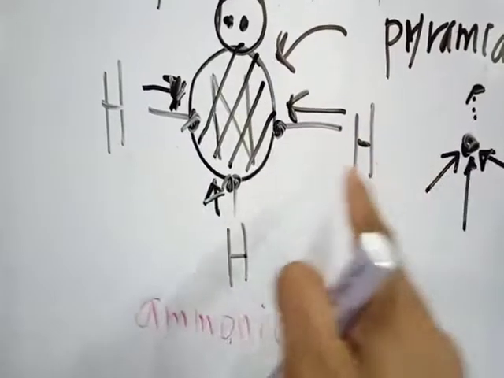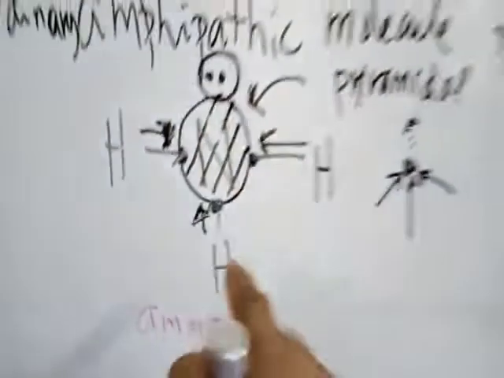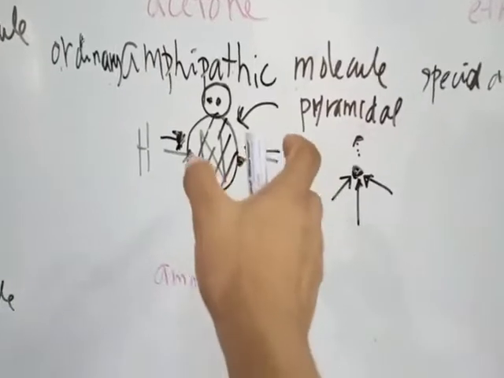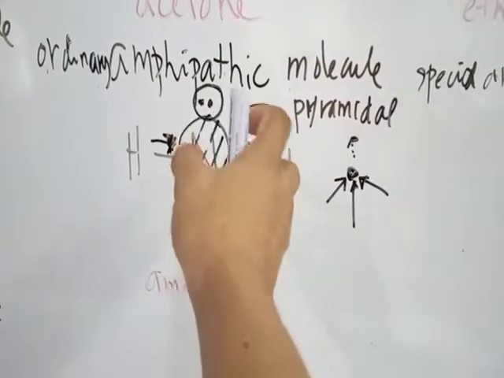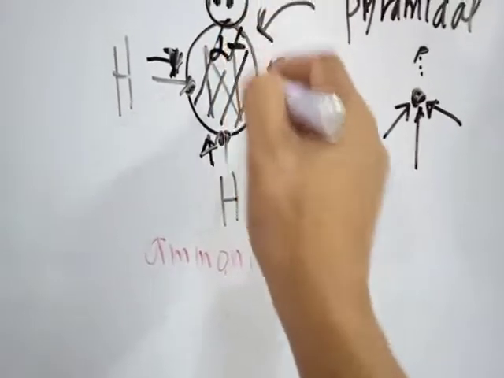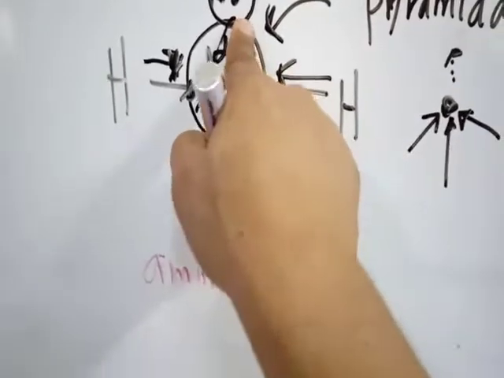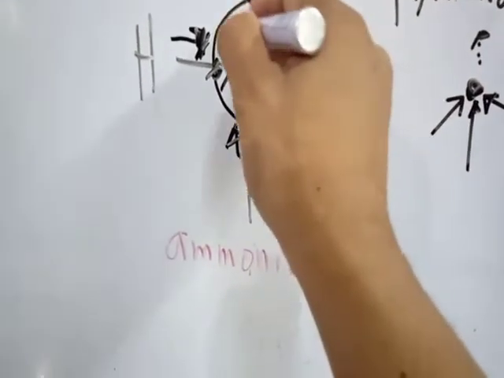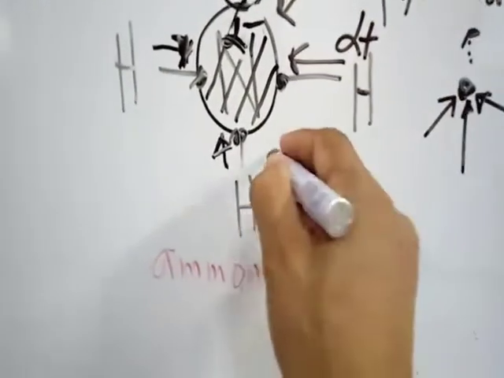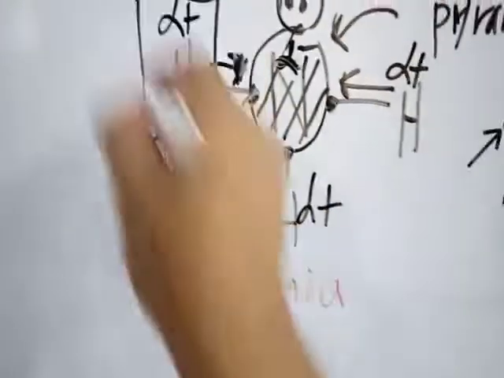Where is the partial negative? Look at the arrows, they are going to nitrogen, which means the electron clouds are concentrated on this part. So this is partial negative. And we have partial positives here, partial positive, partial positive.